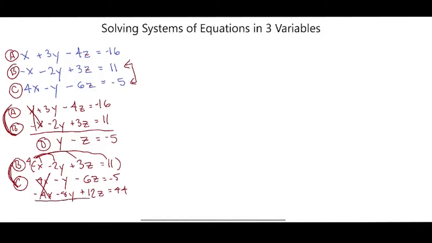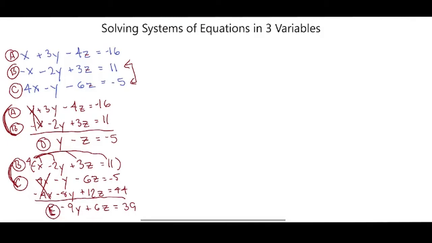All right. And I'll have negative y, negative 8y, that's negative 9y. And then I have negative 6z plus 12z, and that's positive 6z, equals, well, negative 5 plus 44 is 39. And I'm going to label this equation E.